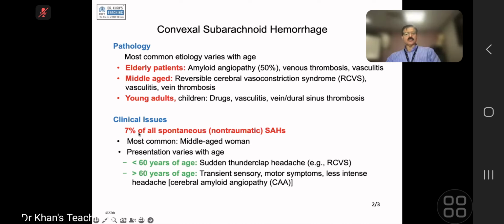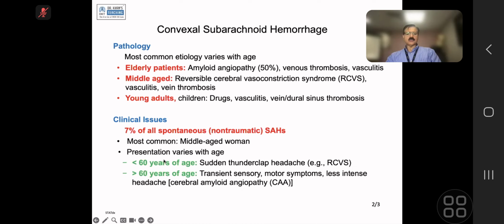And clinical issues: 7% of all spontaneous non-traumatic, can you imagine? Out of 100, 7 of them will be sulcal subarachnoid hemorrhage. Most common in middle-aged women, just like our patient. And look at the clinical context, and this concept is important for you to remember.